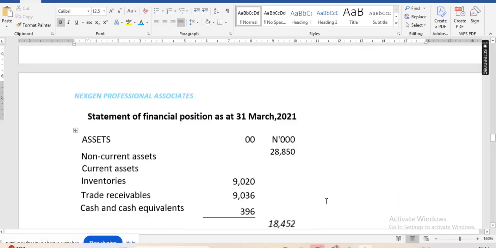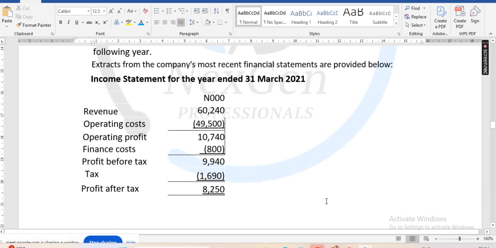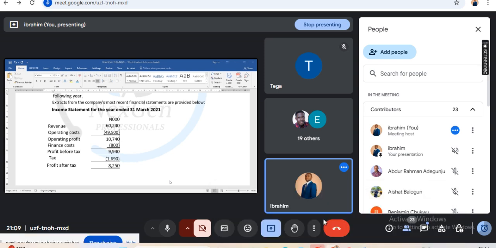You can screenshot the financials or the income statements. What is the value? 6240, right? Yes, sir.